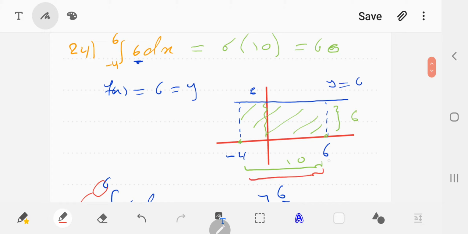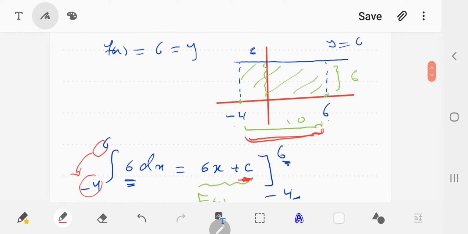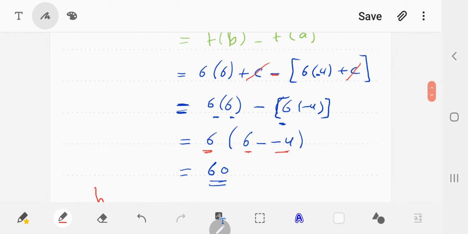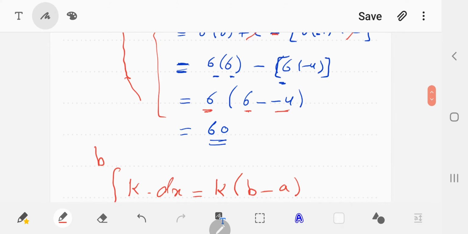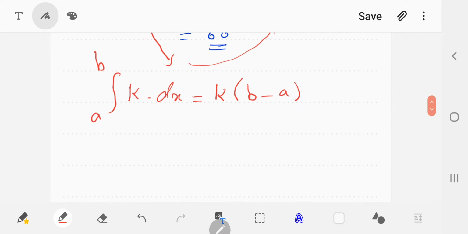Because 6 minus negative 4 gives you 10, which is the distance between the two numbers. So when it's a constant, you can immediately multiply by the difference. Instead of doing all of this work, you can immediately jump from this step to here. Okay? Which means you will do this step only. Okay. That was the first question.